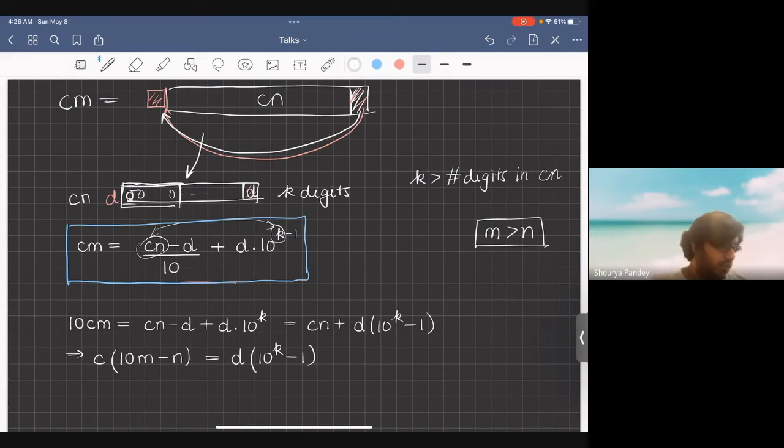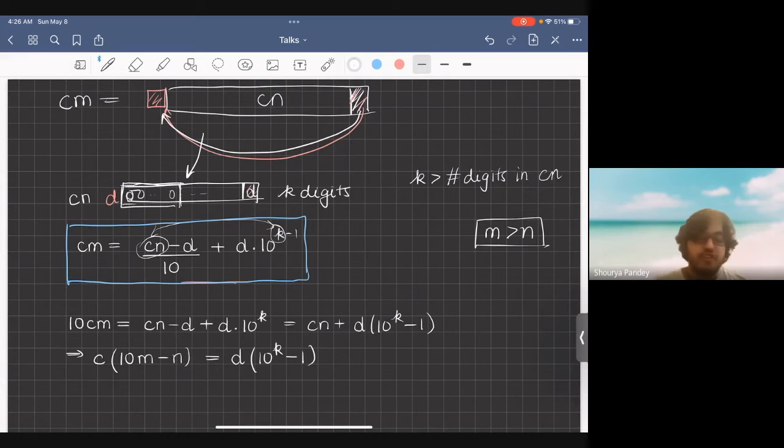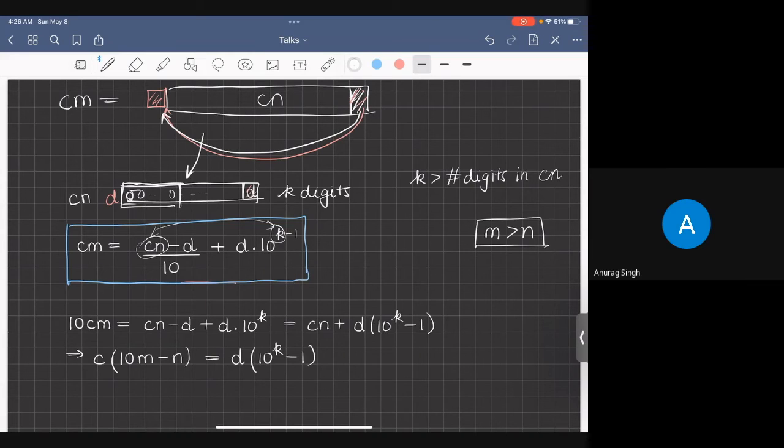That just gives me minus Cn is congruent to minus C mod 10. That's obvious because D is the units digit of Cn. Yes.